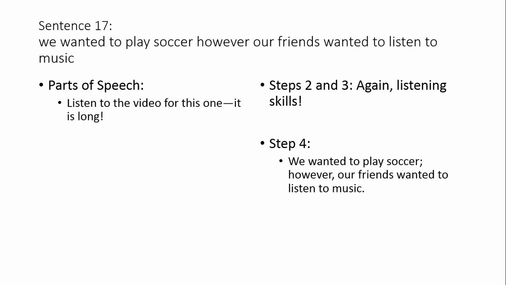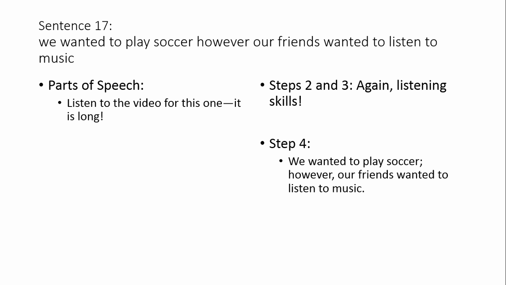And again, that gets a little messy, and you probably need to see that one in person. So make sure that you do come to the study session to see how sentence 17 kind of plays out. And then the object of the preposition is music. And just a reminder that this is another example of the infinitive phrase to listen working as a direct object.